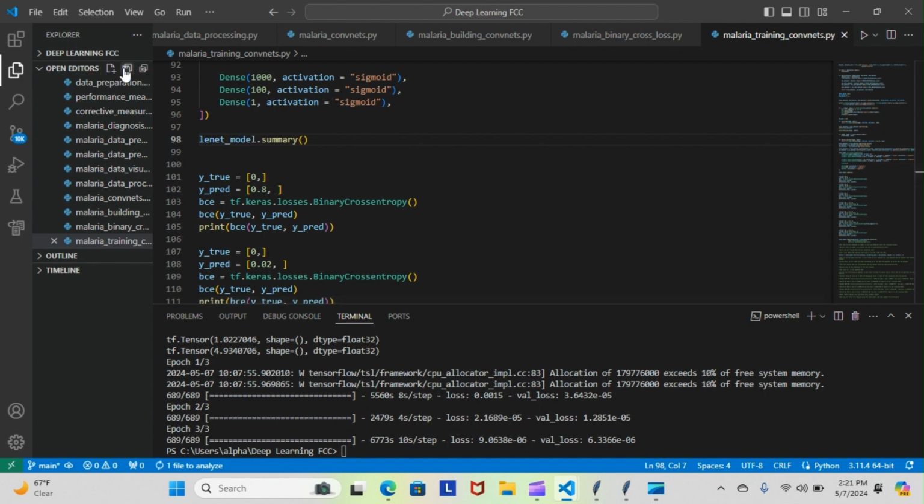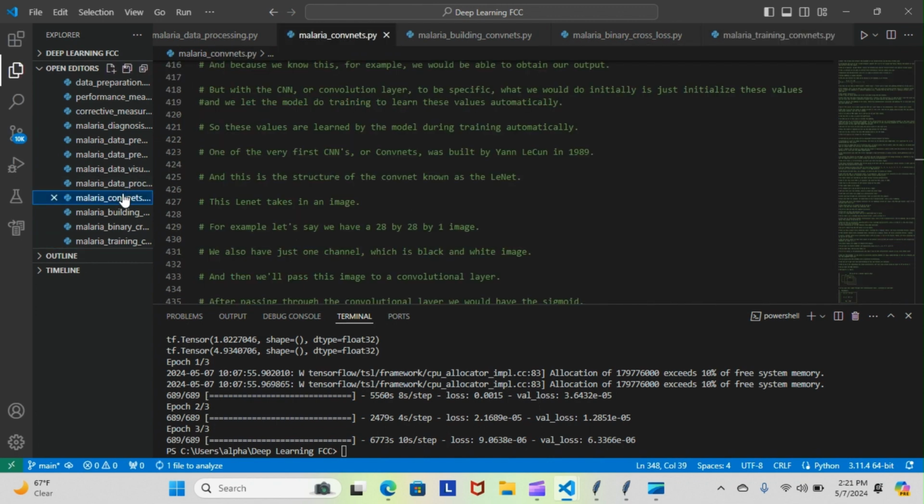If you don't recall what the LeNet model actually is, let's have a look really quickly. With the CNN, or convolutional neural network, to be specific, what we would do initially is just initialize these values and we will let the model learn these values automatically during training.